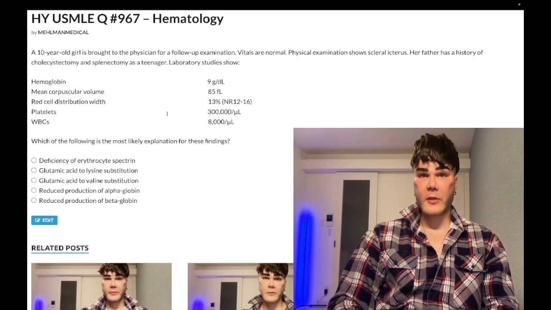Now, patients with hereditary spherocytosis, the erythrocytes are going to be spherical, abnormally shaped. The spleen in the red pulp will pick up on that and phagocytose them, clear them out.